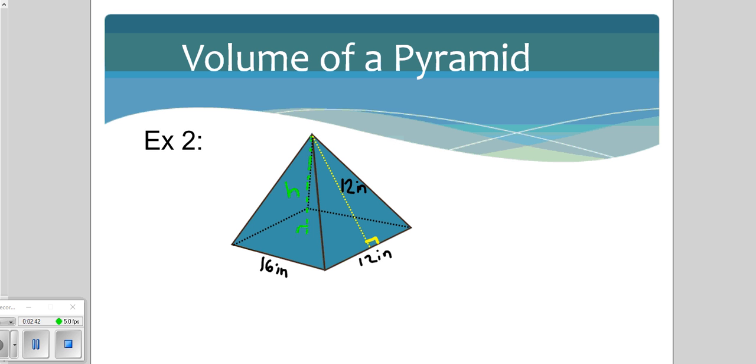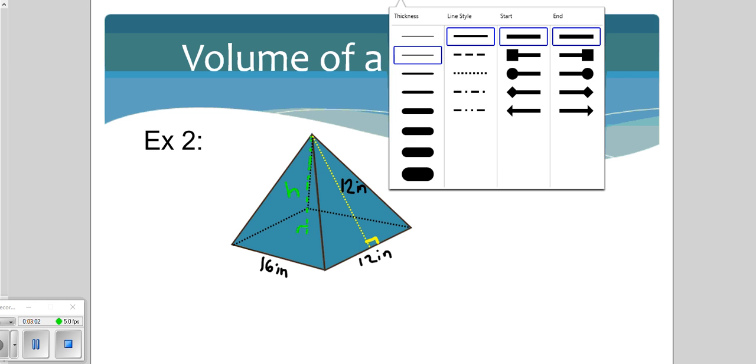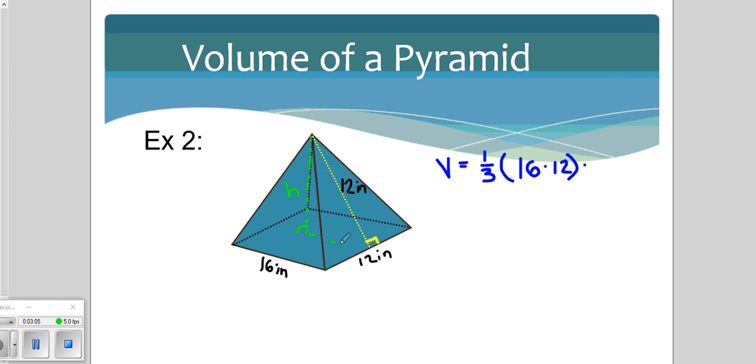And I would maybe go ahead and write out the rest of the formula that we know volume is going to be 1/3 times area of the base could be 16 times 12 times whatever h is. So I'm going to leave that blank for now. So to find h, here is my thought. When I look at this, I see that I could create a right triangle within this. So if I bring that over, there's this right triangle that is standing vertically within this.